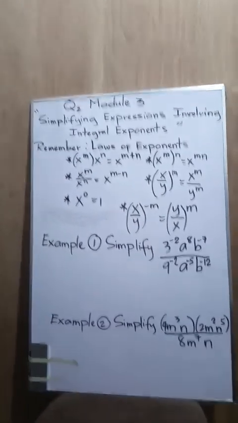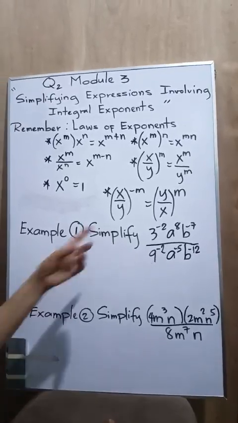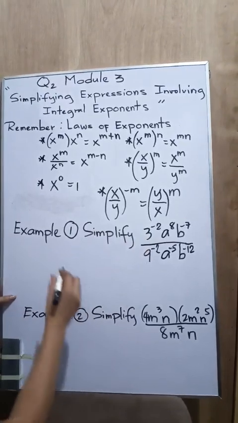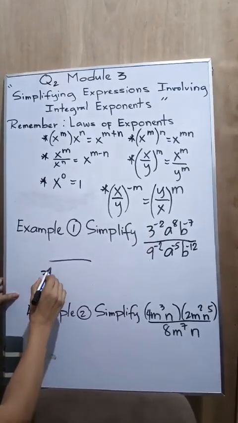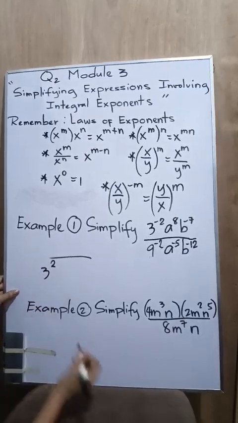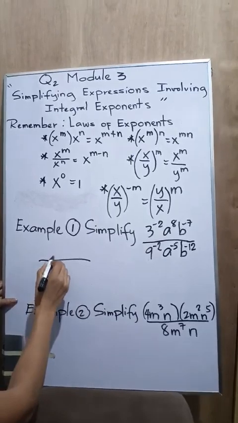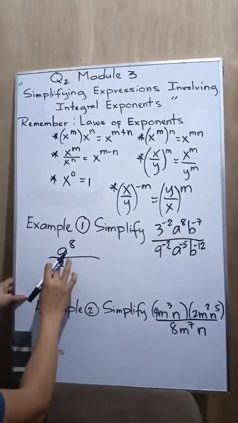So we have here example 1. We have to simplify 3 raised to the power of negative 2. To make it simple, you just bring down 3 to the negative 2 in the denominator. So 3 becomes positive 2. And you remain a to the 8 since the given is already positive. So that will be a to the 8.